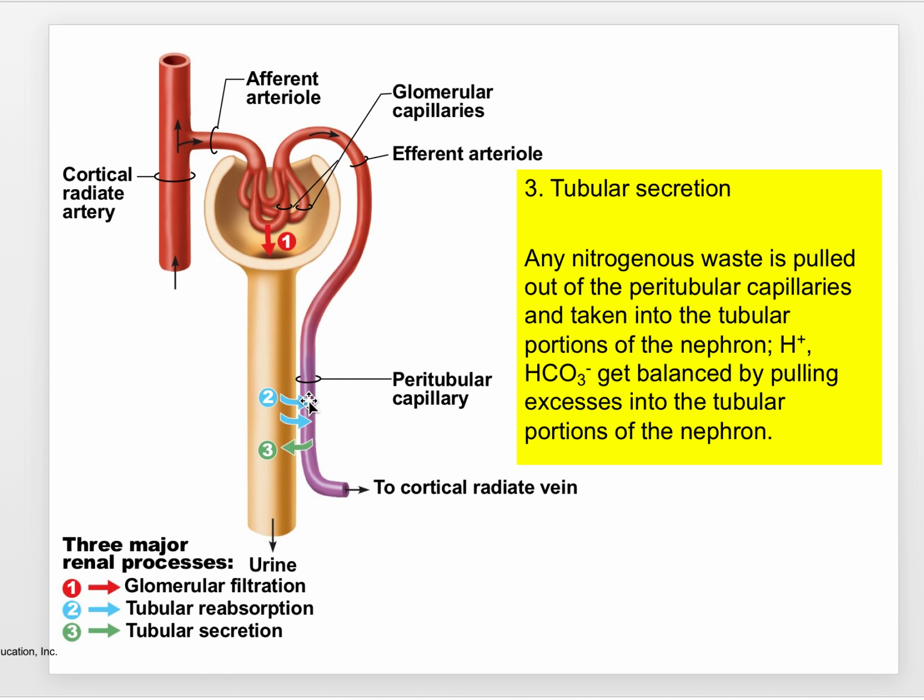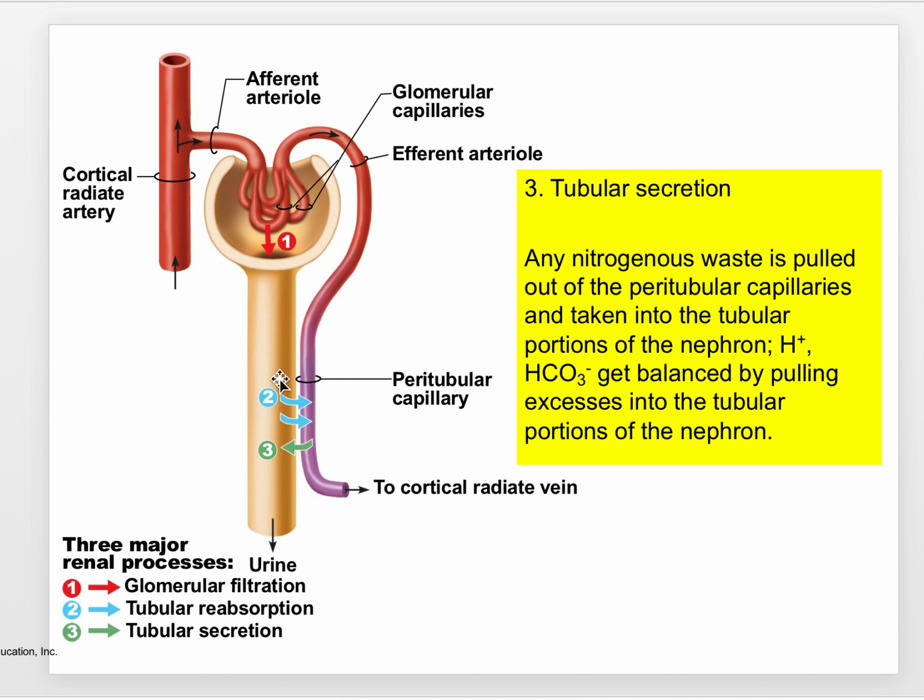The third step is tubular secretion, which is just the opposite of tubular reabsorption. Any nitrogen waste is pulled out of the peritubular capillaries, taken into the tubular portion of the nephron. Hydrogen bicarb gets balanced by pulling excesses into the tubular portions of the nephron.